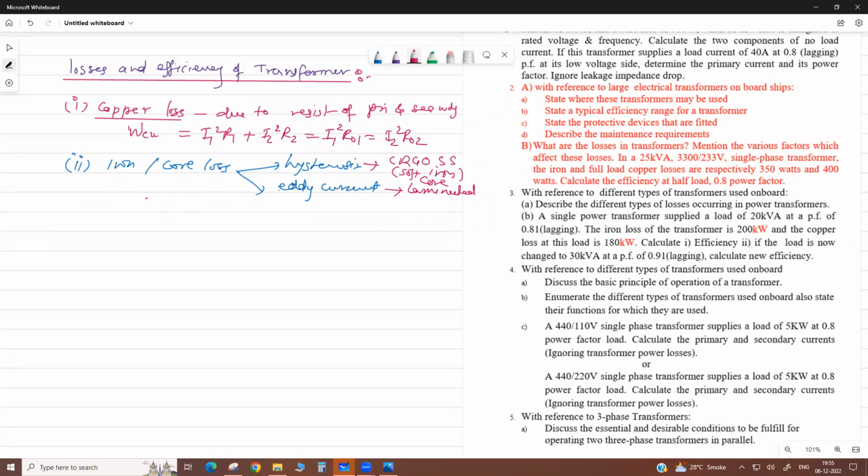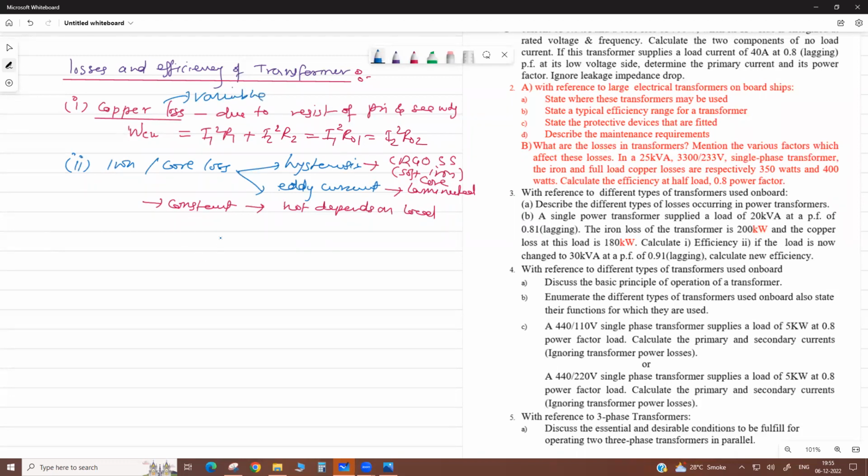And this is called a constant loss. Why? Because they are constant, they do not depend on load. But copper losses depend on load; these are variable losses.